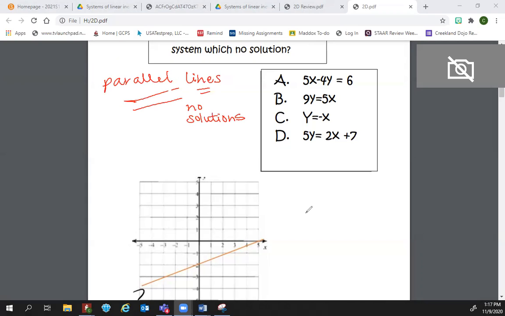So the first step is it wants us to pick one of these equations. Before we can pick one equation, right, we want to figure out what the equation is for this line. Do we know what this equation is? Do we have the y-intercept? It's -2. Good job, Sean.